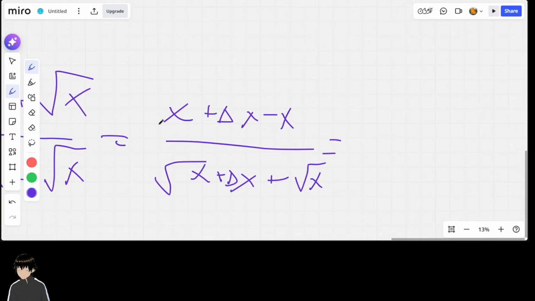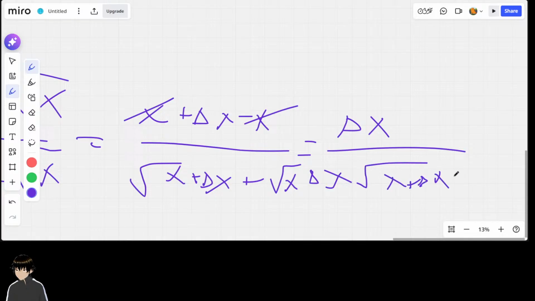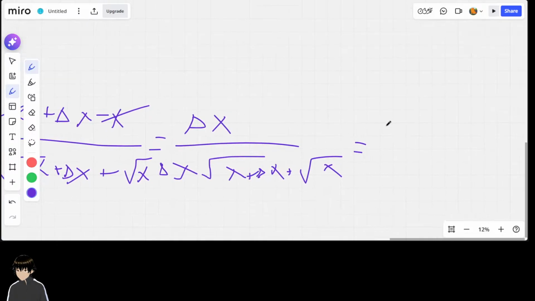So positive, negative, and we get x here. And then I think this will be cancelled. So 1 over x, cancel both of them. Then x plus this.